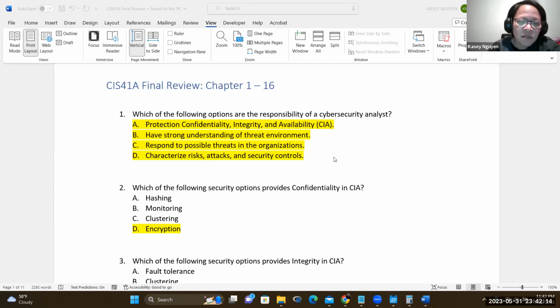Third is respond to possible threats in the organization, and threats can come from different areas. We can look at malware as a threat, or we can also look at internal, that could also be people. And then lastly, the fourth option is to characterize risks, attacks, and security controls. Risk is the possibility that a threat is acting on a vulnerability.